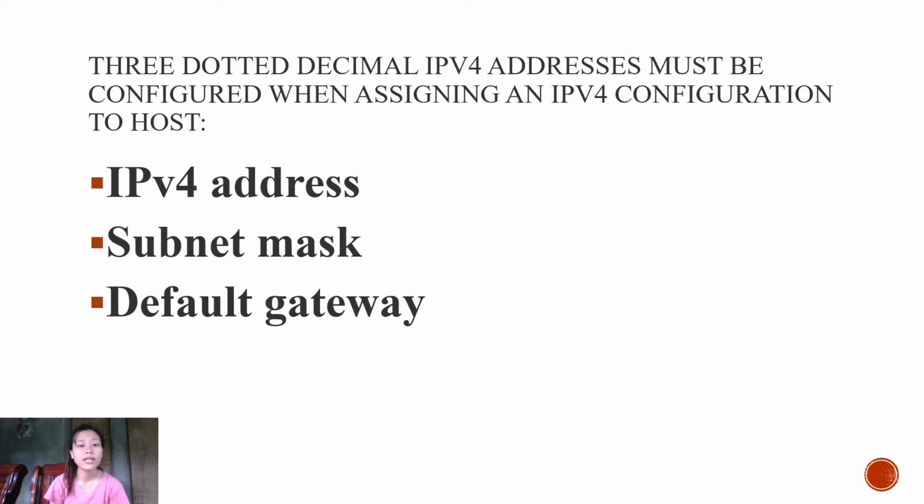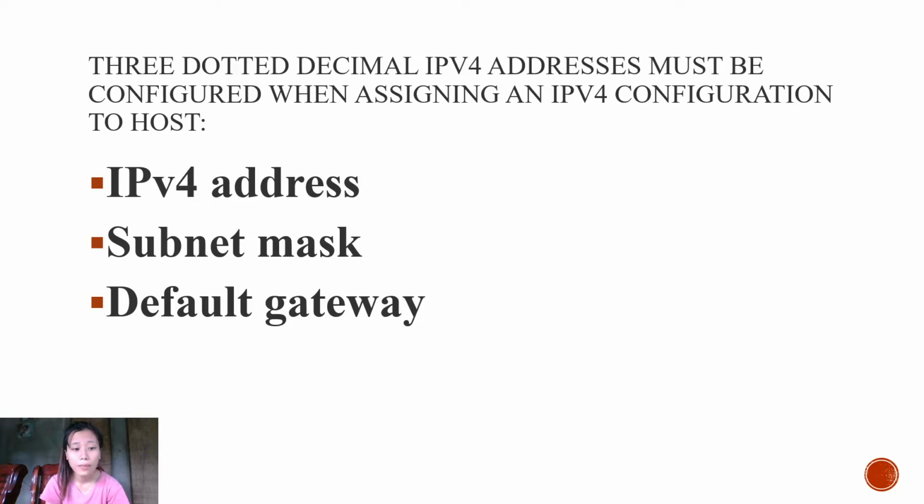So three dotted decimal IPv4 addresses must be configured when assigning an IPv4 configuration to a host. These three are the IPv4 address, subnet mask, and default gateway.